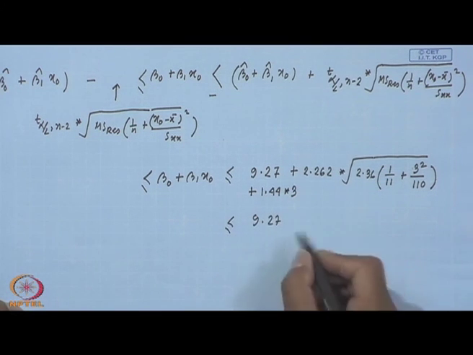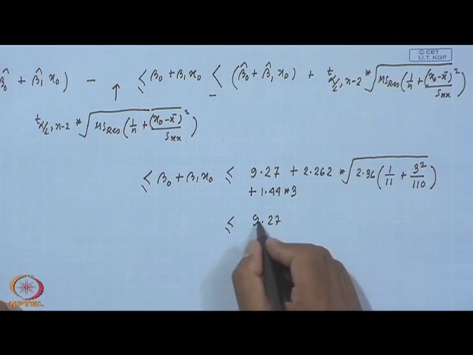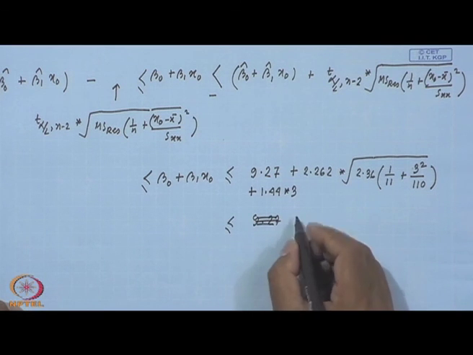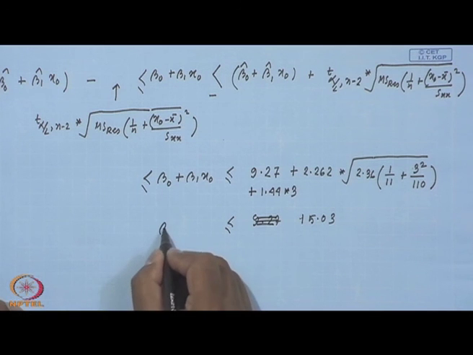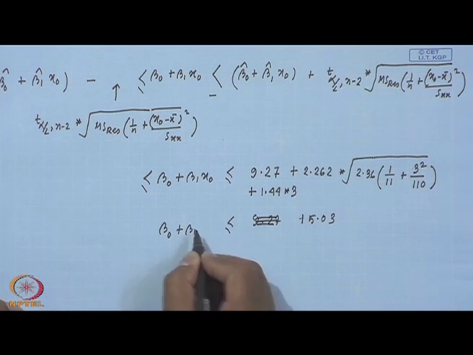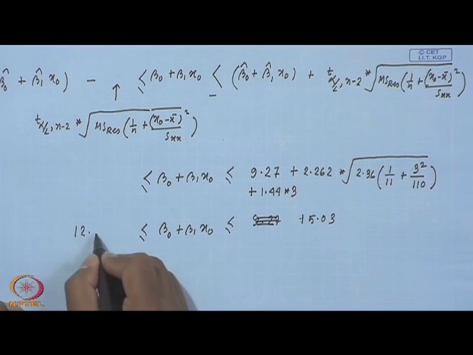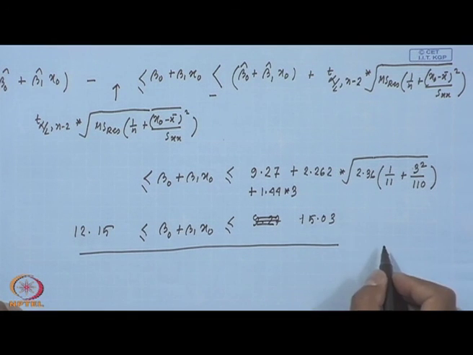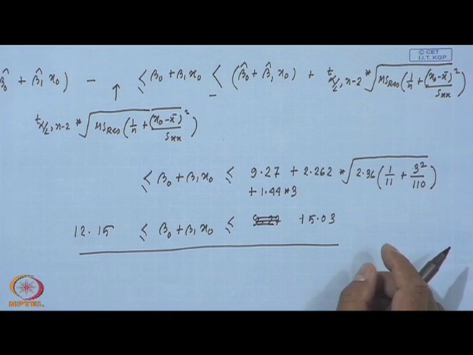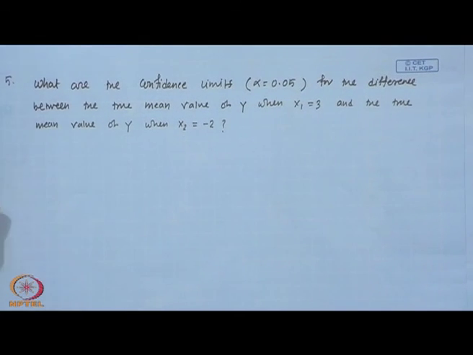So, this whole thing, you can check, is nothing but 15.03 as the upper limit for beta naught plus beta 1 x naught, and the lower limit you can check, that is 12.15. Okay. So, we found the confidence limit for mean response at the point x equal to 3.